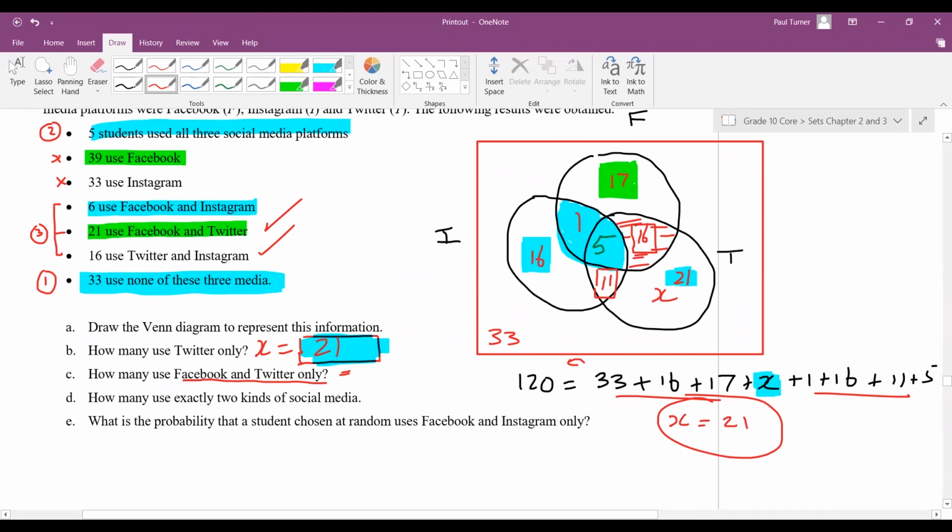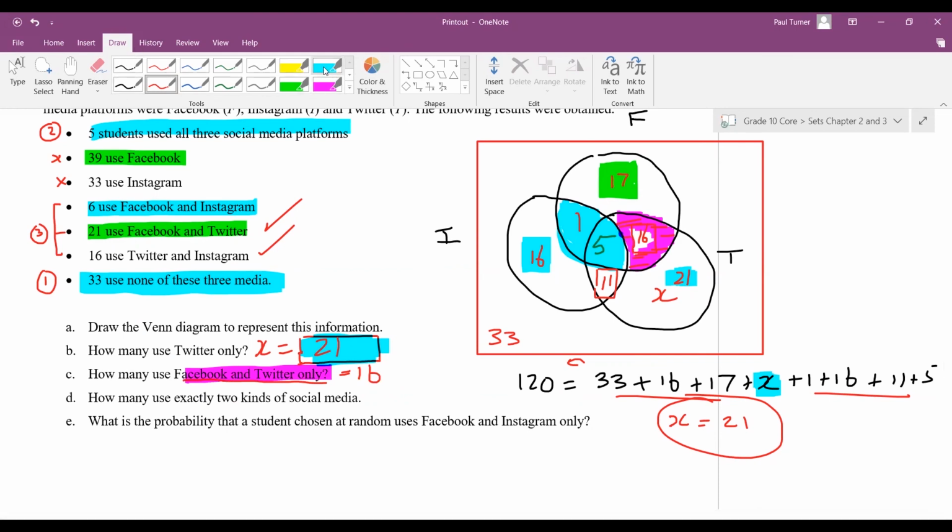Only means you can't include Instagram. If I said Facebook or Twitter, then we add all of these numbers in the two circles. But Facebook and Twitter only would be this purple area here, not including the 5. So that would be this one here, which would be 16. Okay, so it's a bit tricky with the language, right?